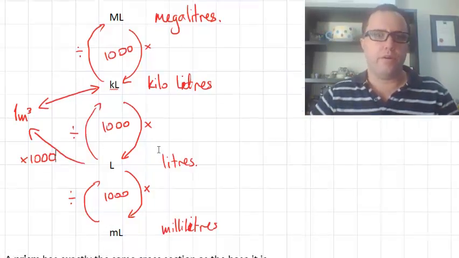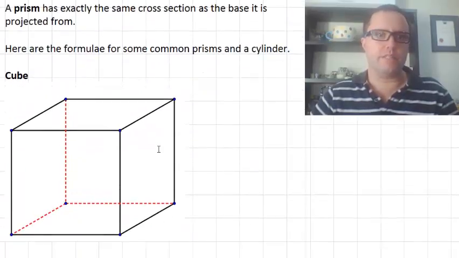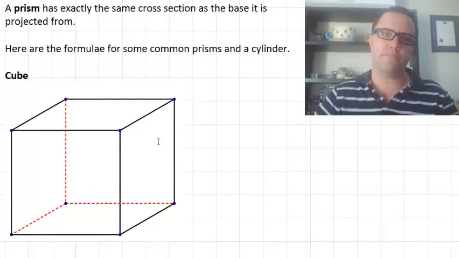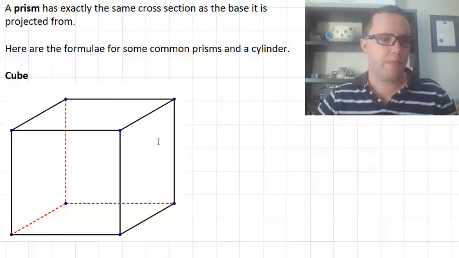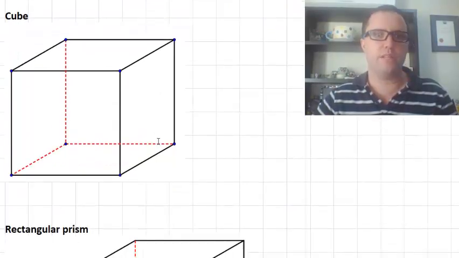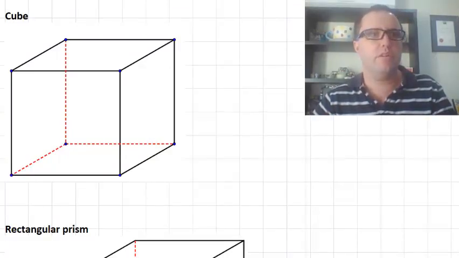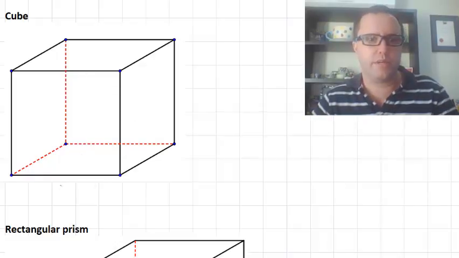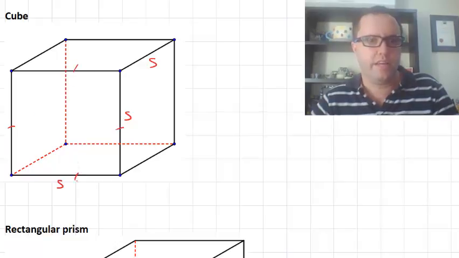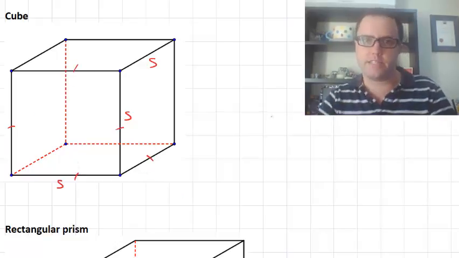Okay, a prism has exactly the same cross-section as the base it's projected from, as we talked about before, and we're going to go through some common formulae for some of the common prisms and a cylinder as well, because technically a cylinder isn't a prism, although it behaves very similar. So a cube is usually going to have a side length, side and a side, because remember these are all the same at the front here, and it's been projected by exactly the same as well.